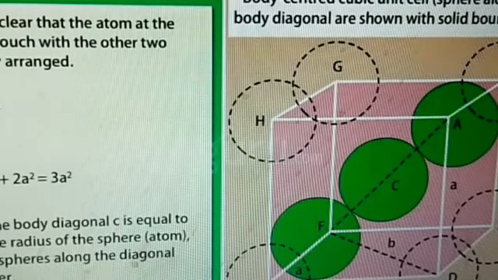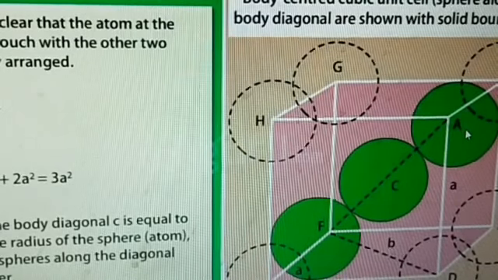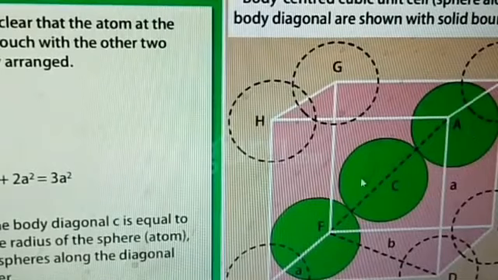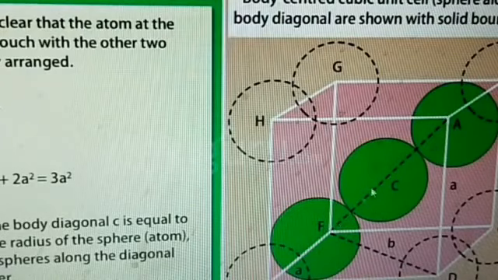It is clear that the atom at the center will be in touch with the other two atoms which are arranged diagonally. This is the atom which is present at the center, and it is in touch with the two atoms which are arranged diagonally. Yes or not?